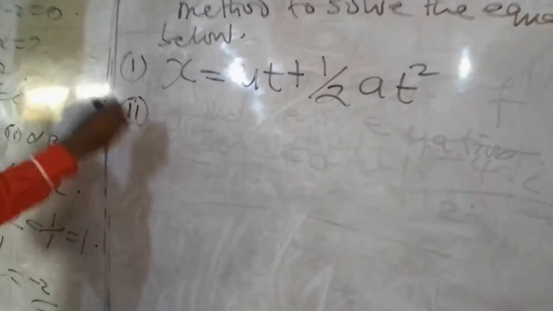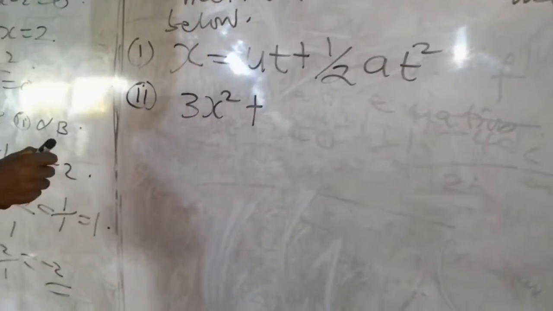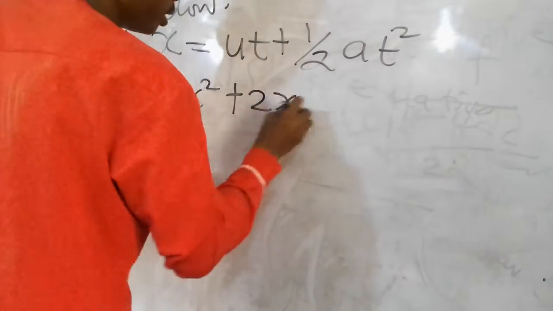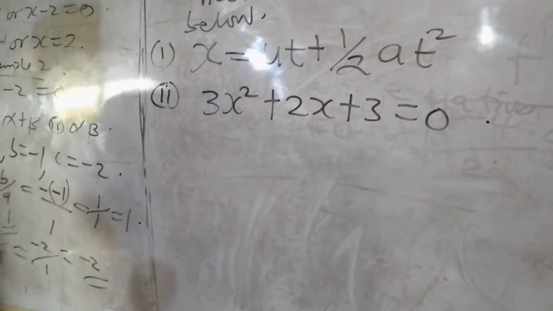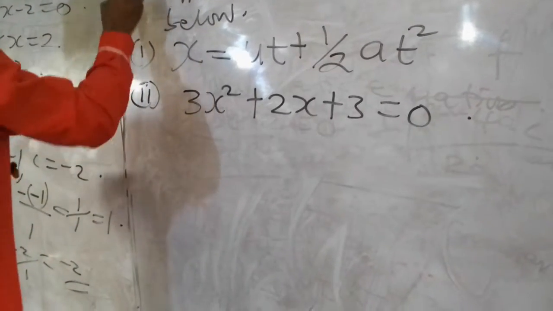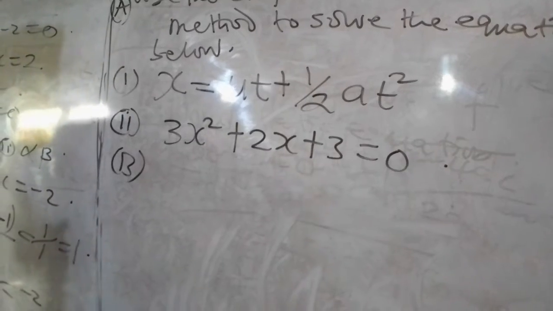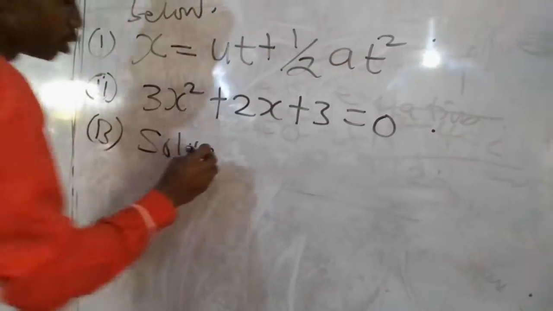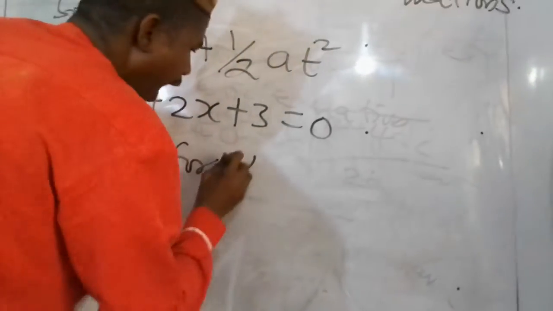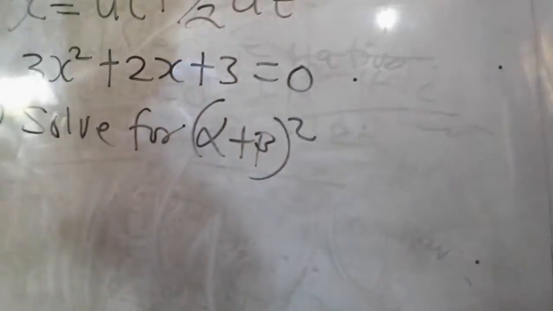Number 2, we have 3x squared plus 2x plus 3 is equals to 0. This is the A part. Then the B part: simplify or solve for alpha plus beta, all squared.